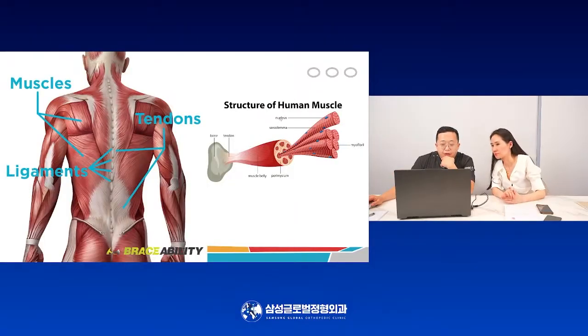Because of that, we doctors, especially orthopedic doctors, have to think in much more detail about their muscular condition, tendinous condition, and ligamentous problems.